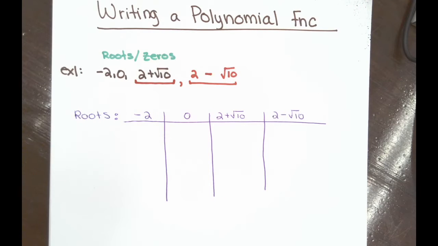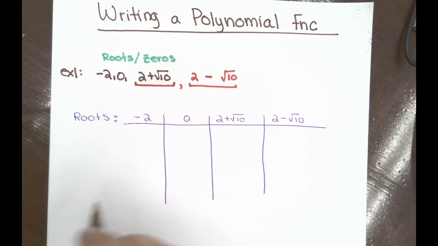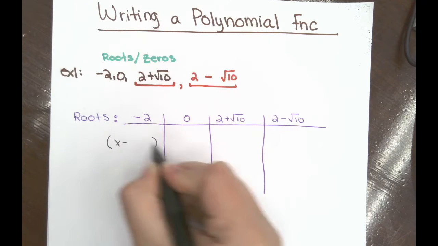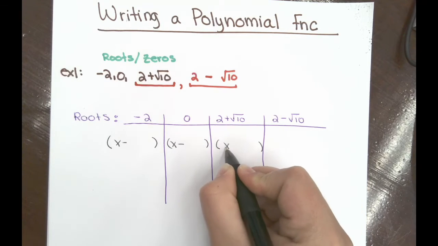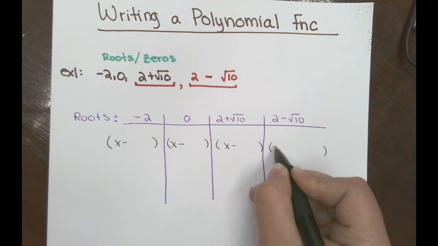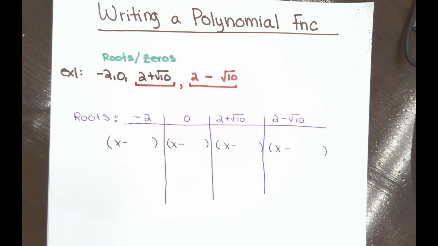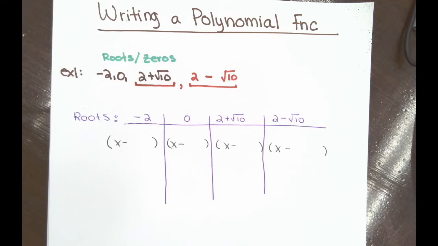From here, we are going to write out x minus for each root. Don't worry about what goes into x minus just yet, just simply write x minus. Alright, so for each one, underneath each root, write an x minus.